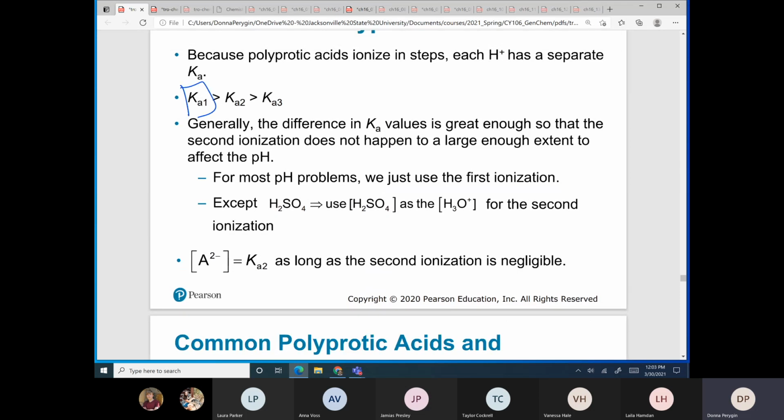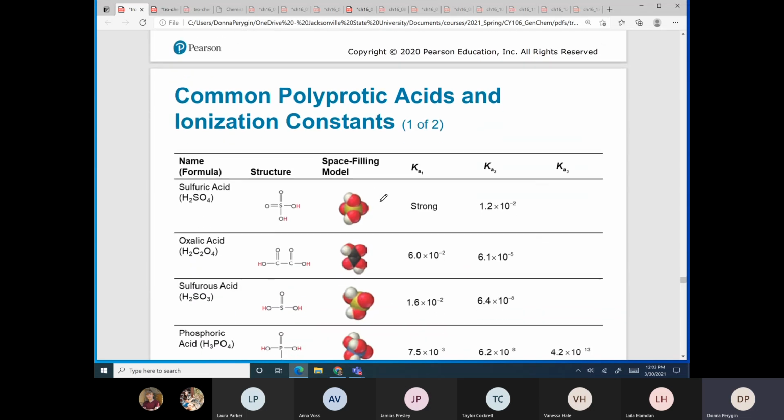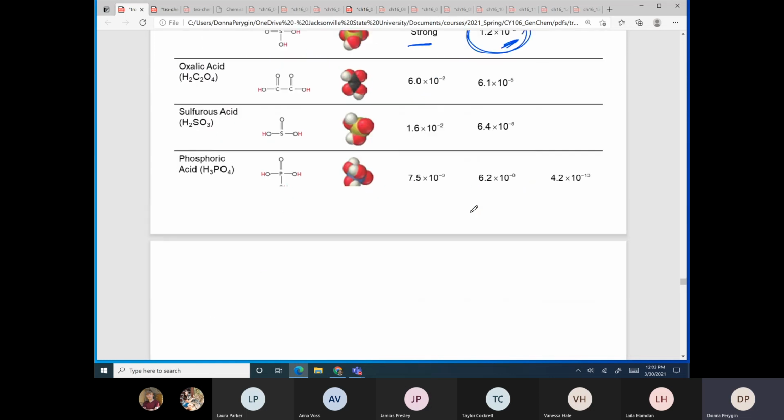You generally don't need to consider the Ka2 or the Ka3, except for the case of sulfuric acid, because sulfuric acid is a strong acid and the Ka2 is very large. This is 1 times 10 to the minus 2, 1.2 times 10 to the minus 2. Since it's so large, you have to consider the second Ka when you're working these problems. So we're going to go ahead and work some problems with this.